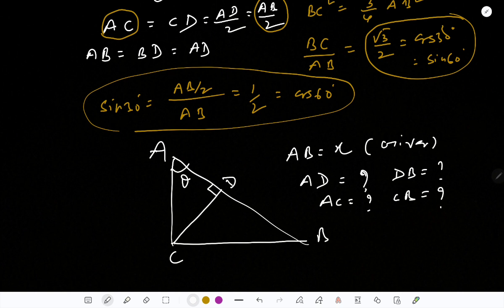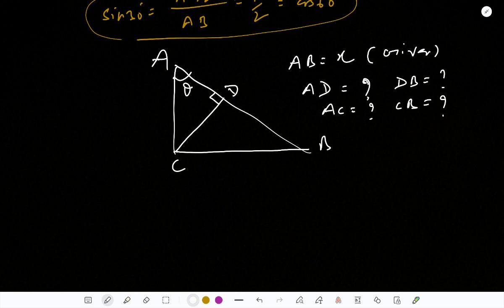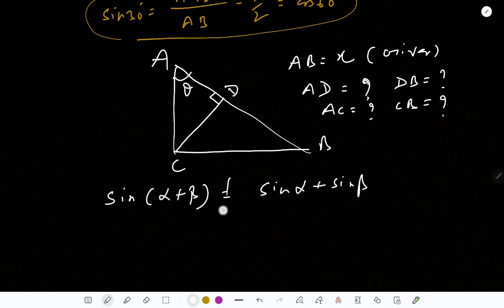And now that you know many things, you can do one thing. You can verify yourself that the trigonometric functions do not satisfy the additive distributive law, which can be written as sine of alpha plus beta equal to sine alpha plus sine beta, and this doesn't happen.